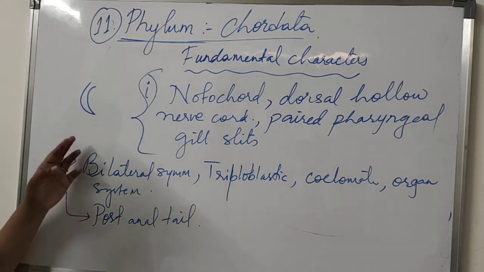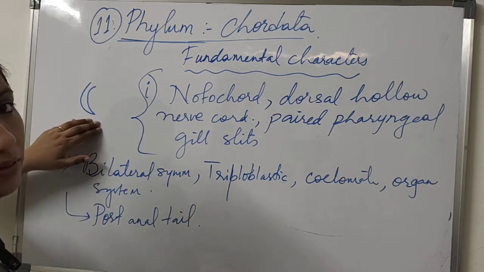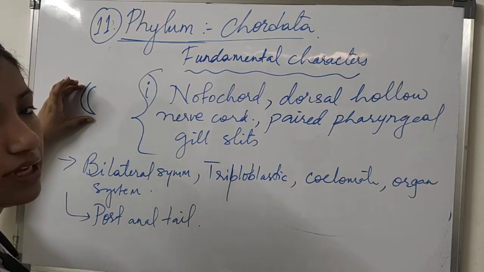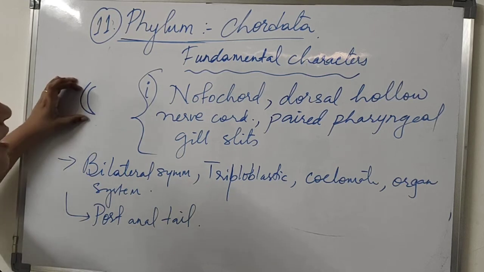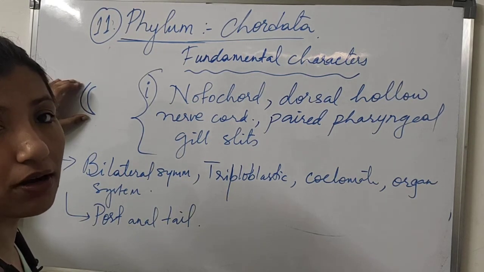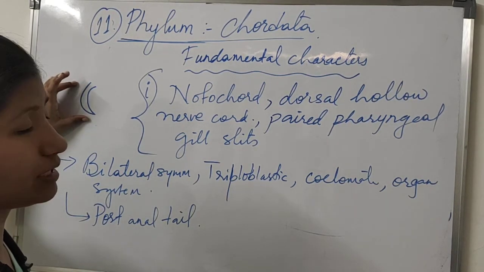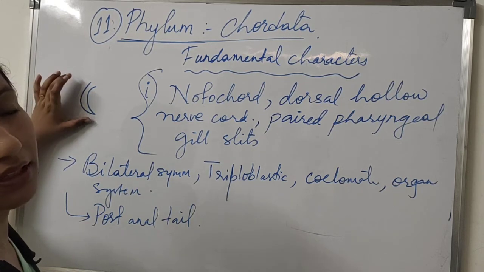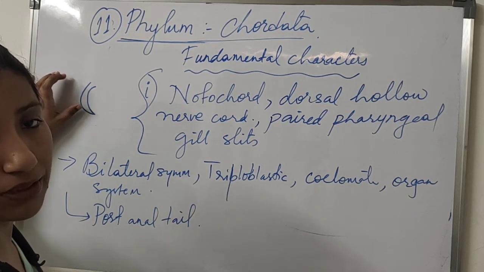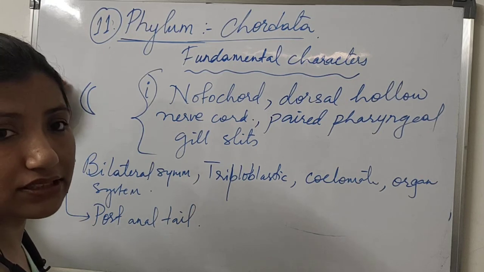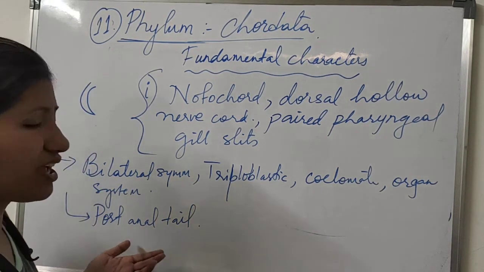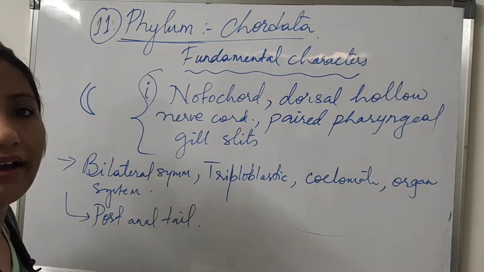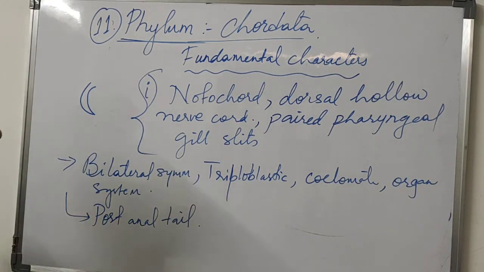That bone is a rudimentary bone, which shows that our ancestor had a tail. This last bone of our backbone, the coccyx, is proof that we come from an ancestor that had tails. So in chordates, the organisms have a post-anal tail behind their body, near their anal region.